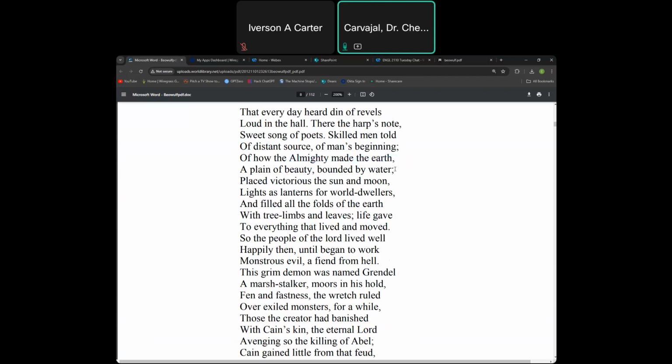He's not like a demon or anything. They actually describe him as the spawn of Cain. They call him Cain's kin. Cain killed Abel in the biblical stories, and then he was banished. He essentially said, well, it's not my job to take care of Abel.